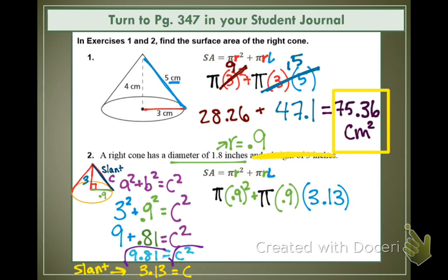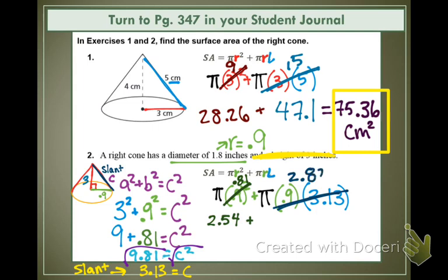All right, so what is 0.9 squared? We already did that one. 0.81. What is 0.81 times 3.14? 2.54. All right, what is 0.9 times 3.13? 2.82.